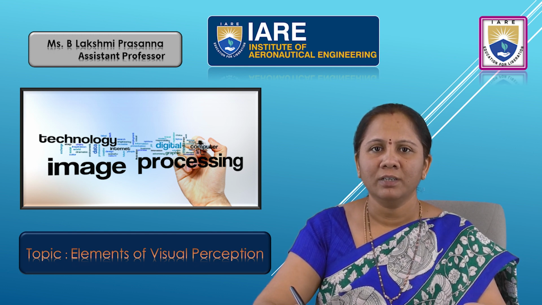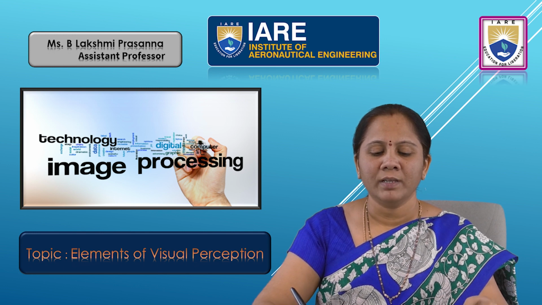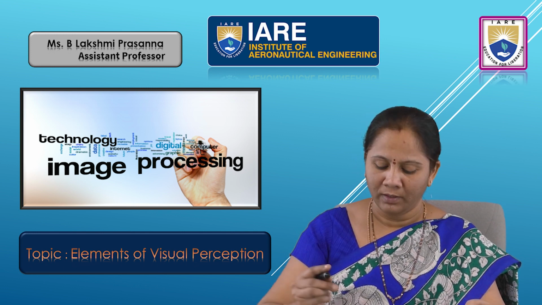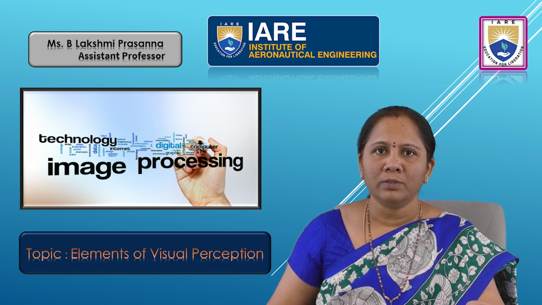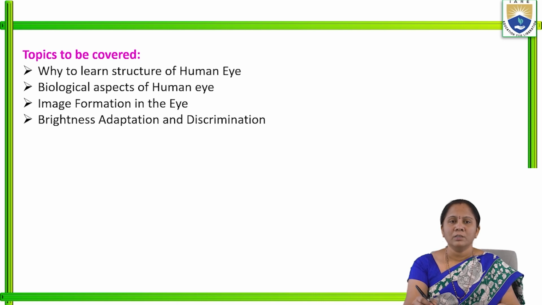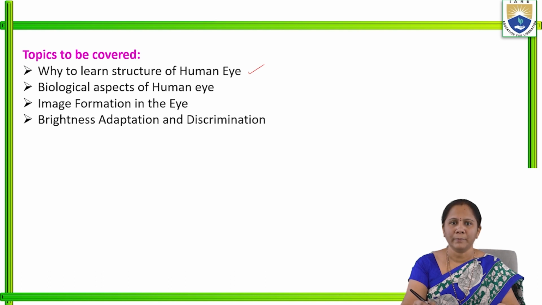In this session, we will discuss the elements of visual perception. If we go internally into this topic, these are the different topics we are going to cover today. First, why is it essential to learn the structure of the human eye?